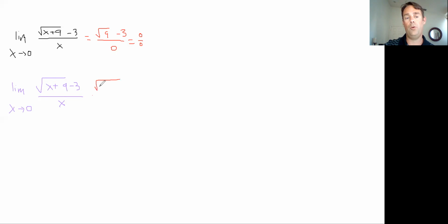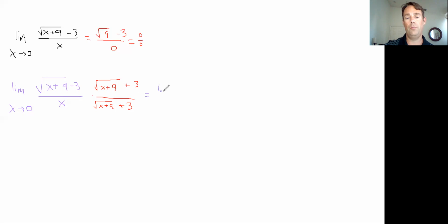So what if I multiply it by using our difference of squares idea? So same thing, plus same thing. Now I have a minus b, a plus b, and there's my difference of squares. And if I multiply by that, so I rationalize that, I end up creating a limit that I actually can evaluate.